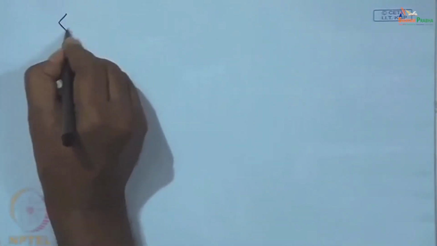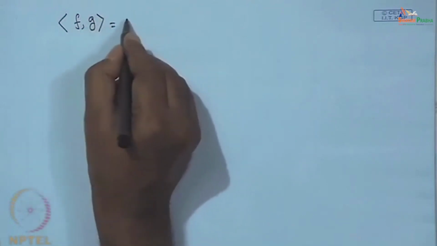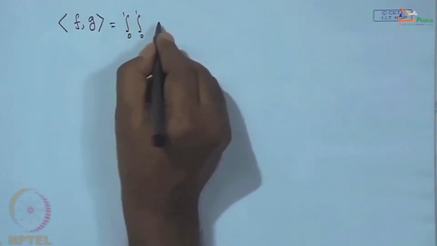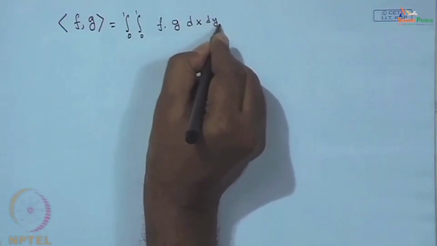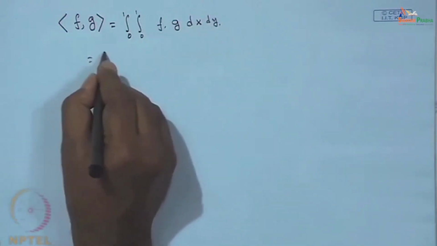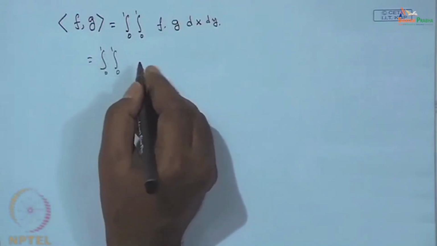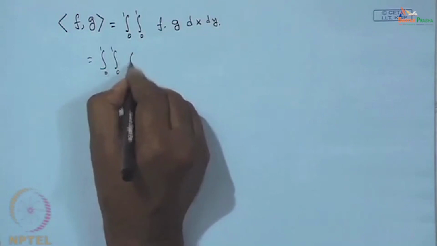Next, we talk about the inner product between f and g. The inner product between f and g will be simply the double integral from 0 to 1 of f multiplied by g dx dy, that is the definition. So, you substitute the expressions of g and f.